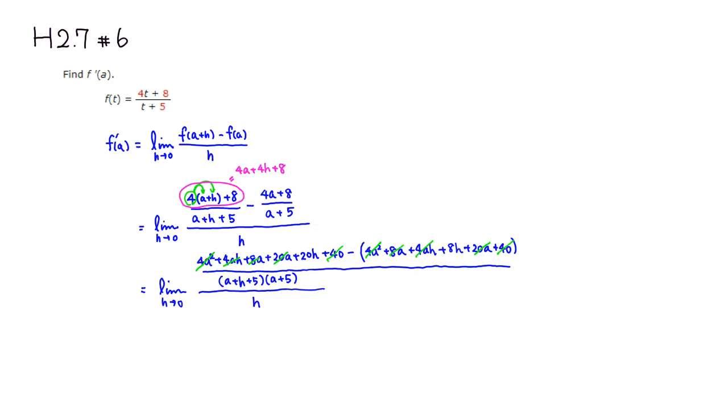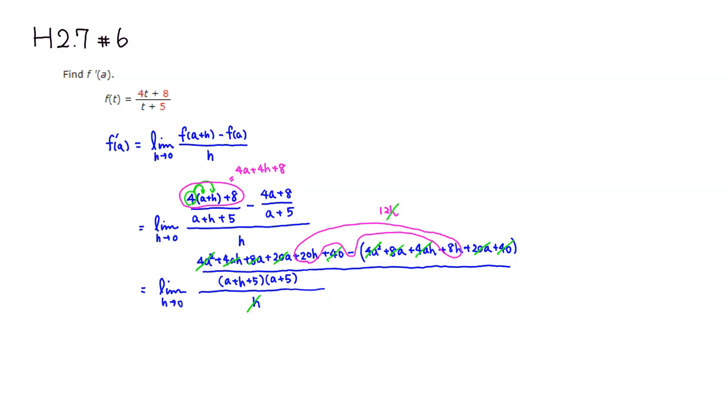Then we can combine the leftover terms: 20h minus 8h is 12h. Since only 12h is left over and you're dividing by h, we can cancel those out as well.